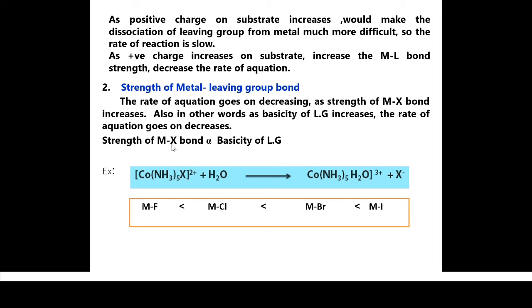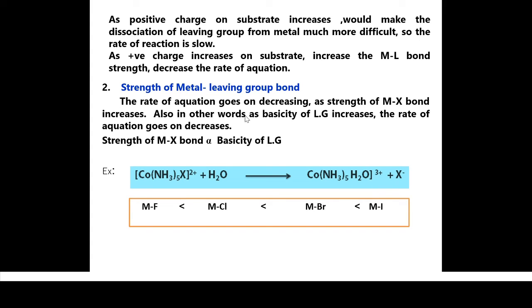The strength of the M-X bond is directly proportional to the basicity of the leaving group. This is the general reaction where this complex contains cobalt which carries +2 charge. This X is nothing but your leaving group. It gives [Co(NH3)5(H2O)]3+, which is your final product.